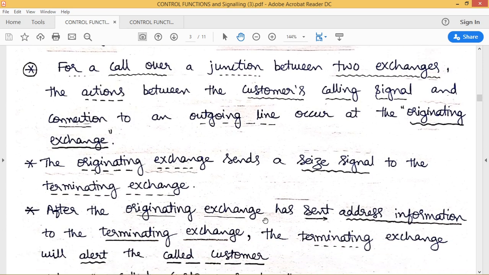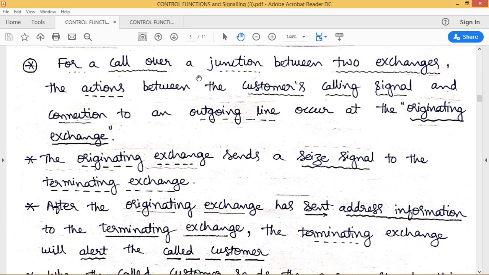So if we are dealing with a call over a junction between two exchanges, generally a trunk exists between two exchanges, or a junction. Generally a trunk is sometimes called a junction.